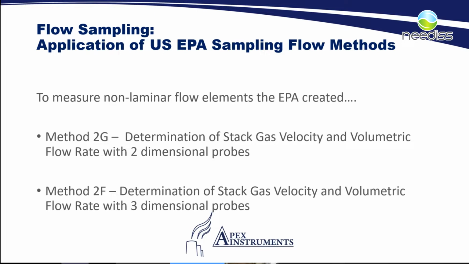The first would be method 2G, which is the determination of stack gas velocity and volumetric flow rate with a two-dimensional probe or pitot. And then method 2F, which is the same determination of stack gas velocity and volumetric flow rate, but it's using a three-dimensional pitot in this situation.